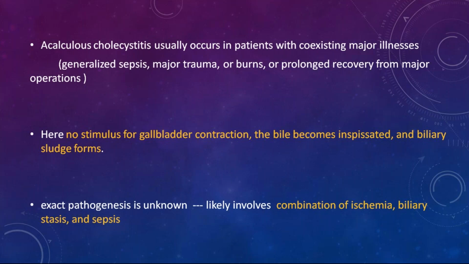That leads to a pain stimulus being activated. That leads to pain. But here in Acalculous cholecystitis there is no such gallbladder contraction. This is due to inspissation of the bile and biliary sludge, which causes infection and necrosis in the later stages.